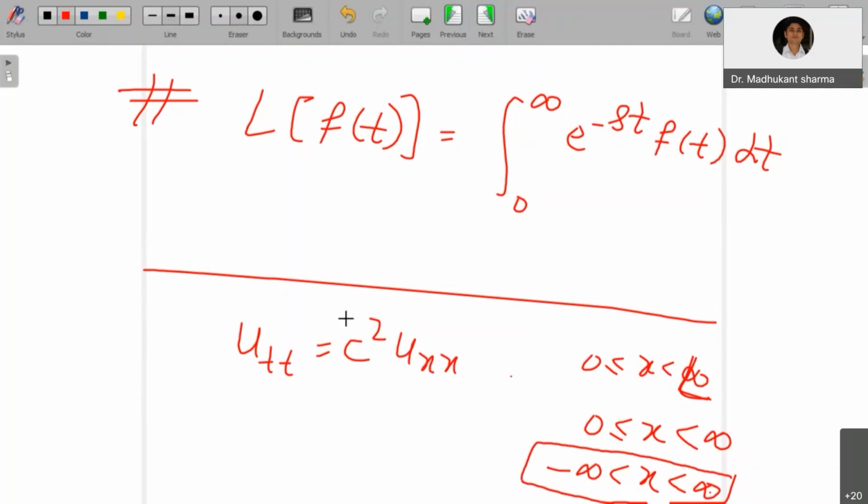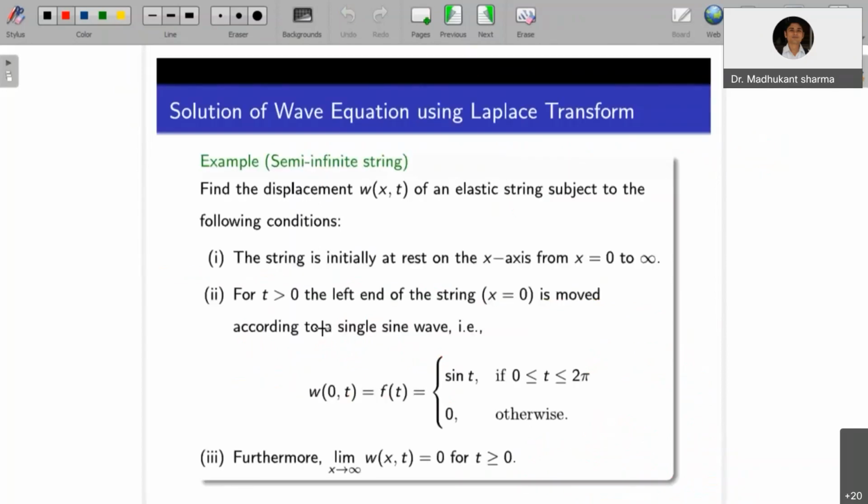Okay, right. So for the semi-infinite string, let's have one example and see how we take the help of the Laplace transform. We are supposed to find the displacement of an elastic string subject to the following conditions.